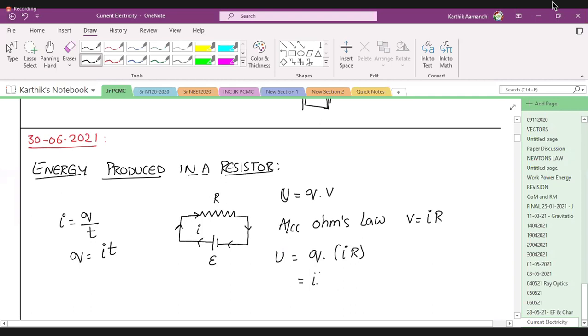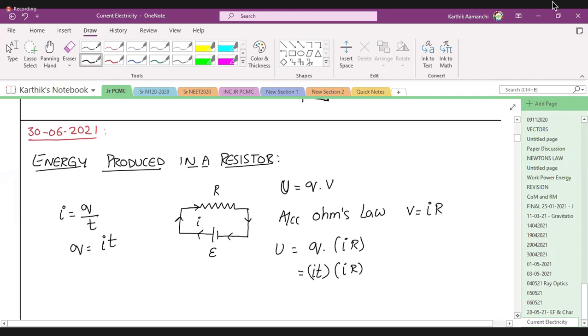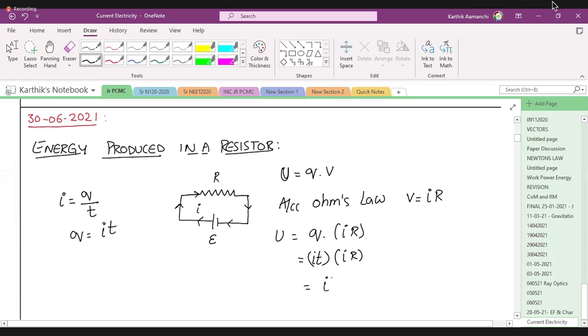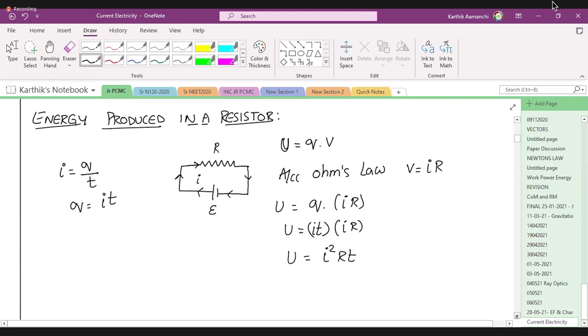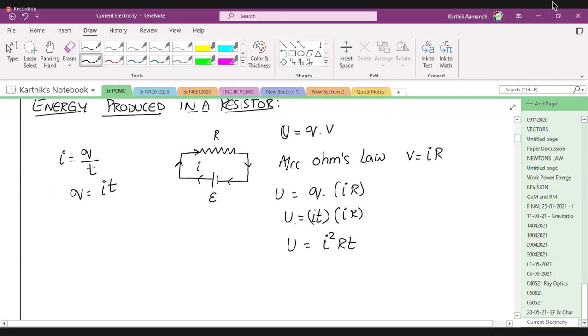So I substitute I into t here, and this will be I into R. So this is I square R t. Clear? So this energy which is produced in the resistor is in the form of heat energy.